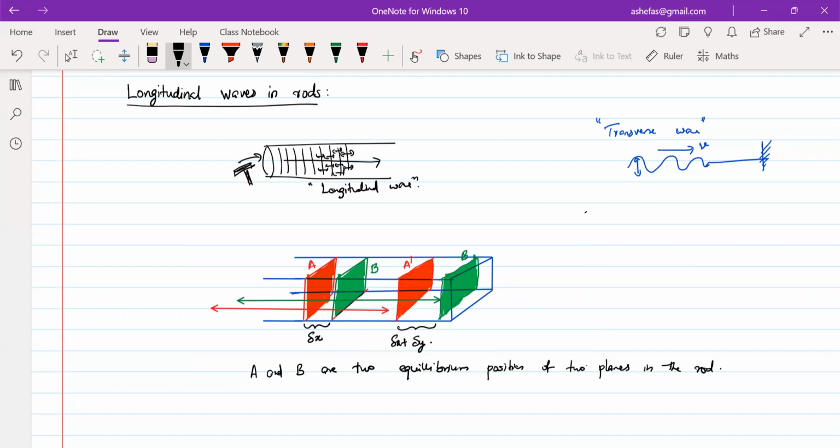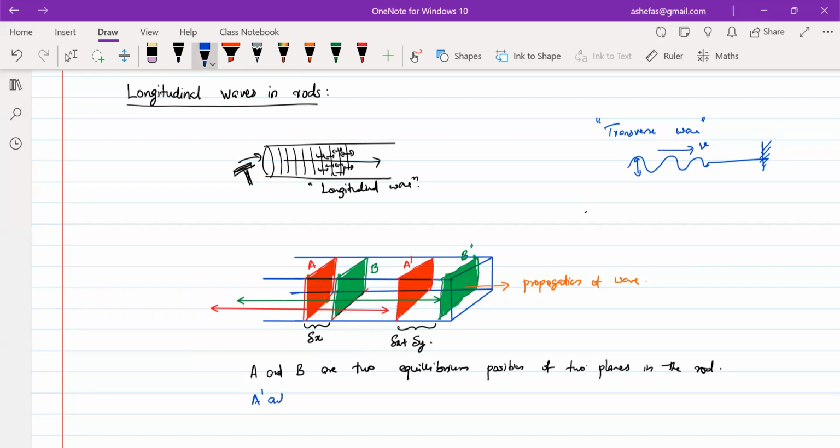Okay, so both planes A and B oscillate, and the oscillation would be in the direction of propagation of wave. Suppose this is the direction of propagation of wave. So A and B are the two equilibrium positions, and A prime and B prime are the displaced positions.